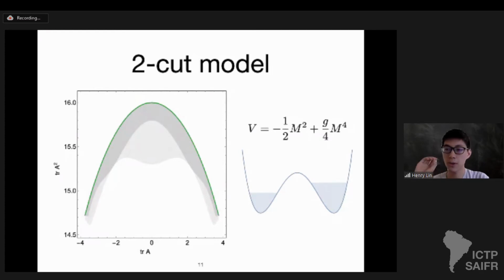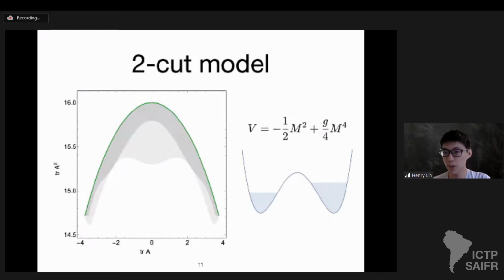And that corresponds to the filling fraction, whether you put a certain number of eigenvalues on one side versus the other. And the interesting thing is that just by applying this bootstrap philosophy, you see that the gray region doesn't converge on a point now, but it converges on this entire green line. If we were to include couplings, it would be a two-dimensional region. For a fixed value of the coupling, it's just some one-dimensional line.